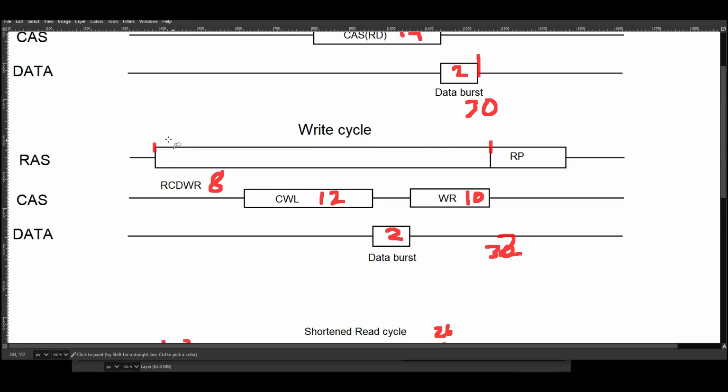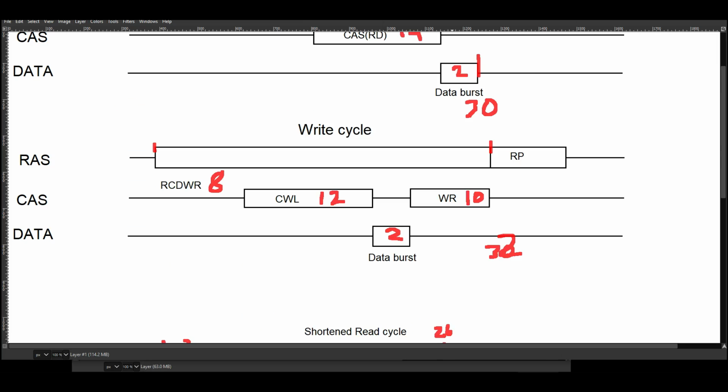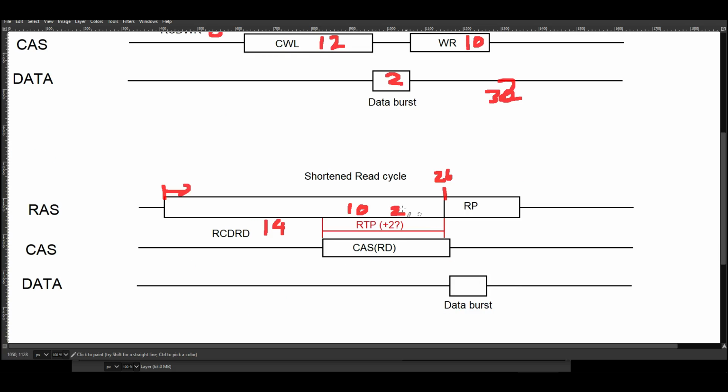And in the case of the write cycle, we need the word line to be asserted all the way until we finish the write operation, because otherwise we wouldn't correctly end up with the values that we're writing in the cells. So we can only take advantage of a short RAS timing in the case of a short data burst and in the case where the row is being immediately closed.